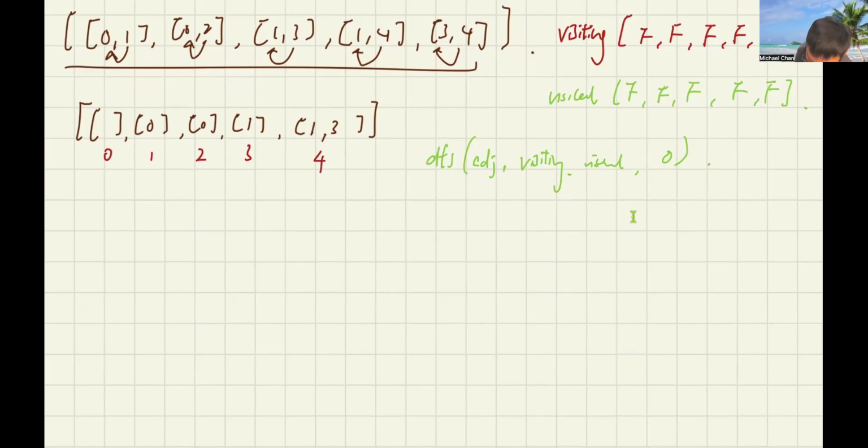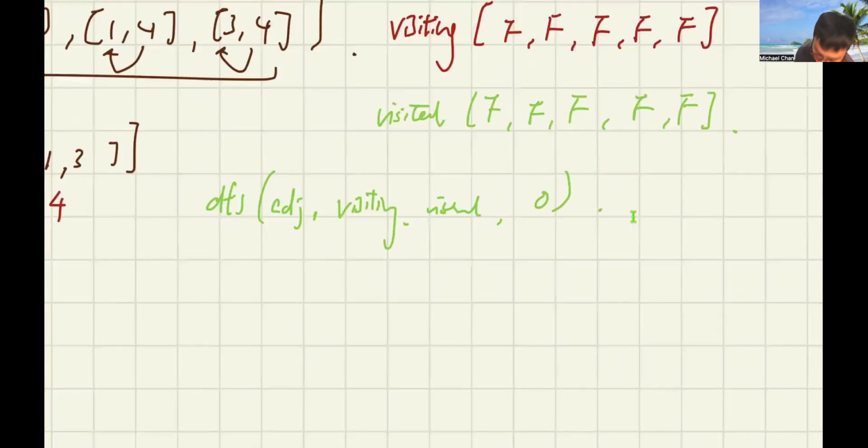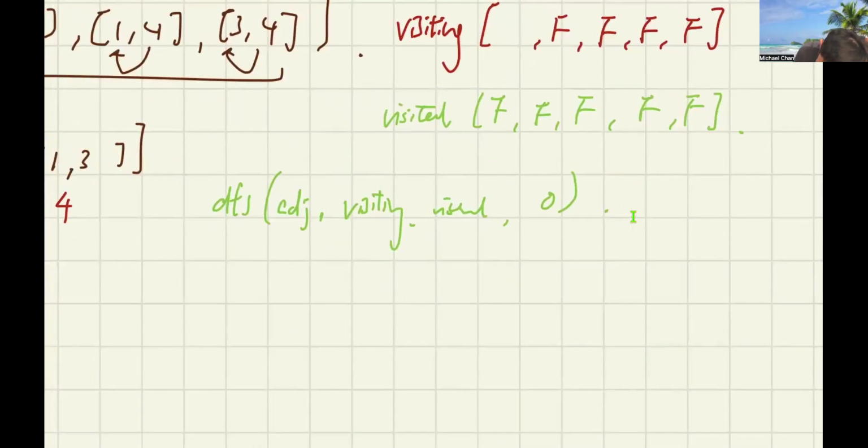It's currently false, so it's fine. And if visited is equal to true, then I'll return true, which is not, so it's false. Okay, and then I'll set these two to be true.